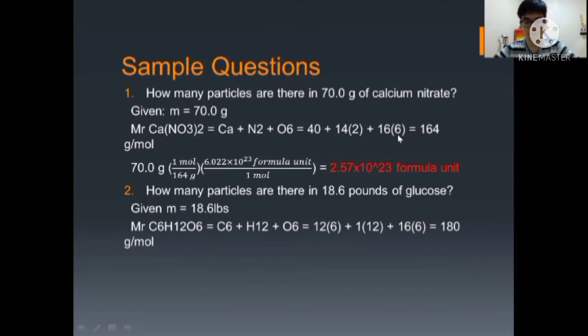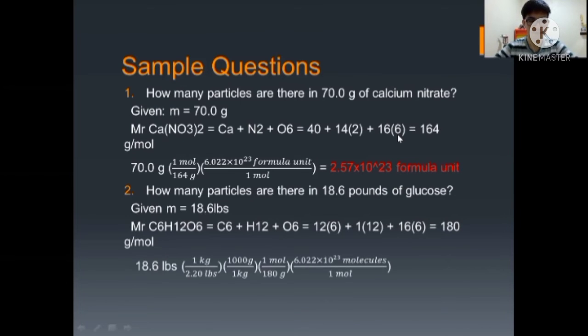And just like before, we use conversion. We have 18.6 pounds, so we need to convert these pounds to kilograms first, where 1 kilogram is equal to 2.2 pounds. We need to cancel these pounds, so we put the pounds below and the kilograms above.